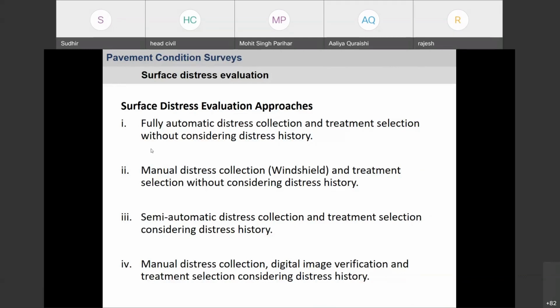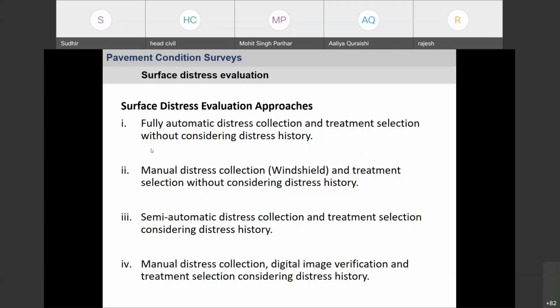You might have also collected distress information in year 2017 and so on. Okay. And now you're looking at what is the history of distresses in a particular pavement, right? So what is the benefit of looking at the history of distress in pavement evaluation?